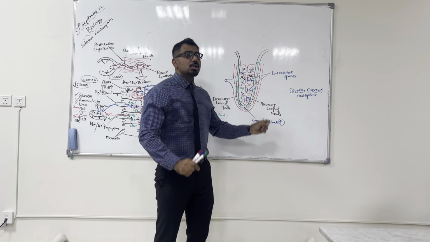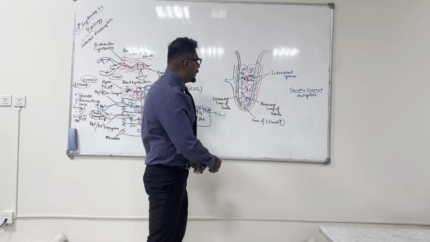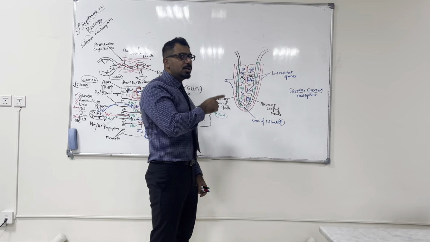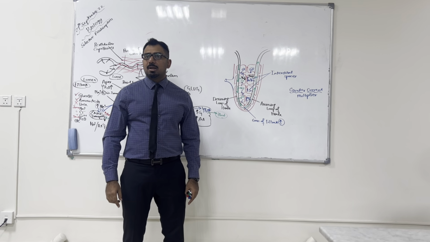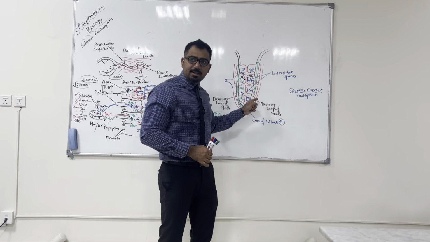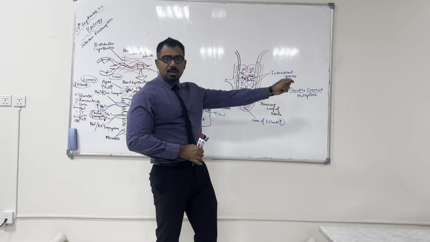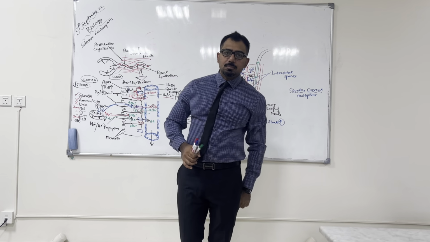ADH's role will come later. Sodium-potassium pumps are also present here, which pump 3 sodiums outside and 2 potassiums inside. That will also help in producing a gradient and in reabsorption. Understood, everyone? Alright.